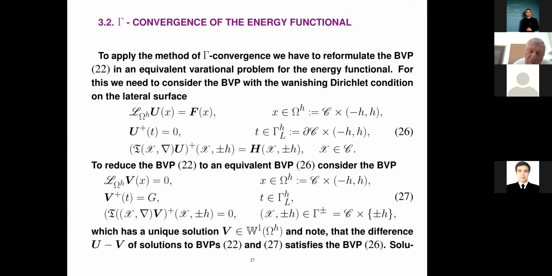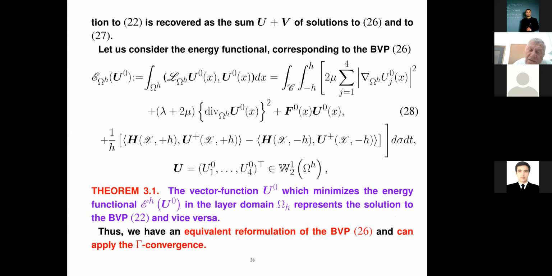The equivalent reformulation is this one: the infimum of this functional is the solution of the equation, and vice versa, the solution of the equation gives the infimum of this energy functional. Now the reformulated problem is the minimization of the energy functional.